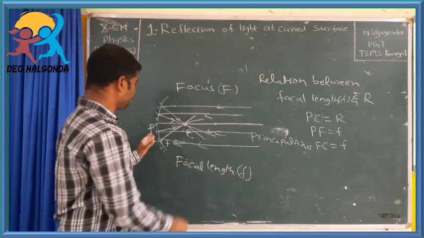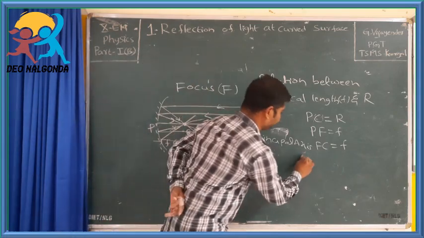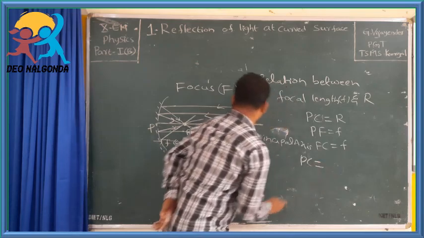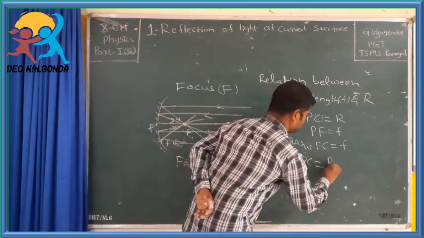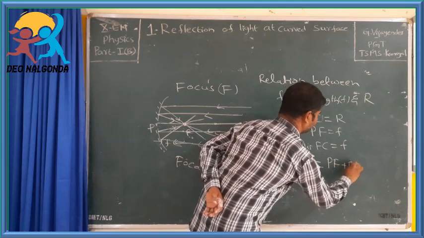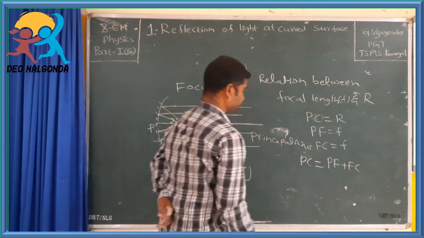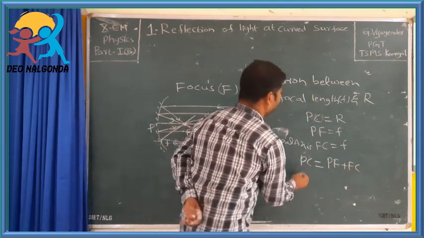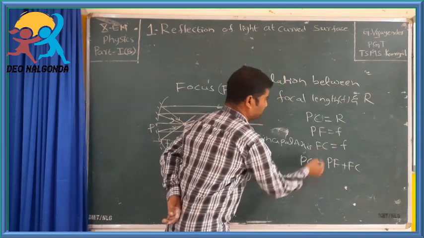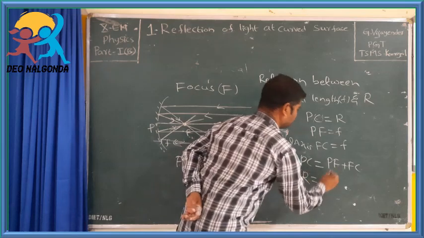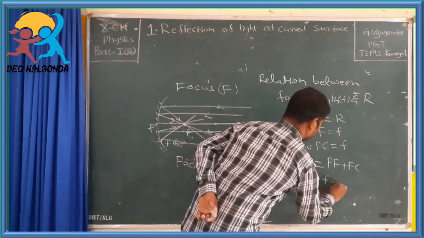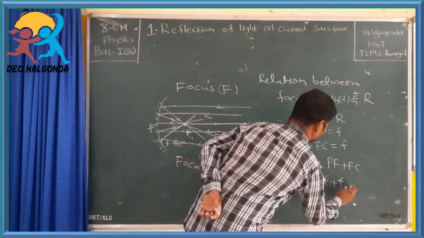So, from the figure we can see that PC is equal to PF plus FC. PC is equal to R. By substituting these values we get R is equal to f plus f.